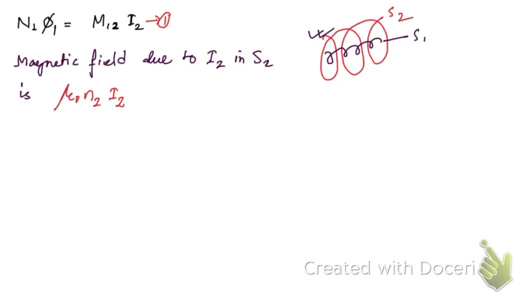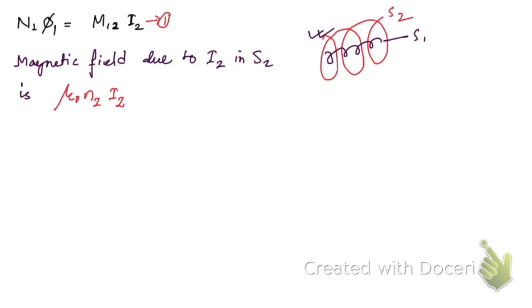So the magnetic field inside a solenoid is given by this expression. Just remember it for the time being. I have considered that this formula is known to you. The magnetic field inside a solenoid is mu naught n2 I2 if the current is I2 through the coil, and n2 is the number of turns per unit length.